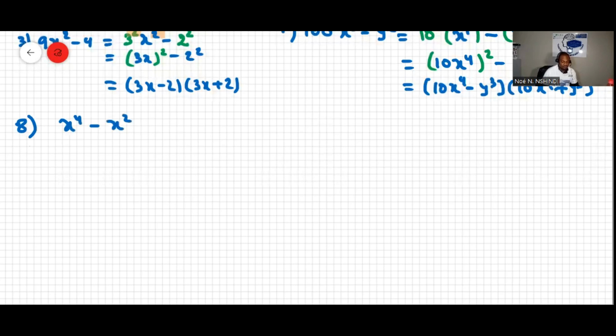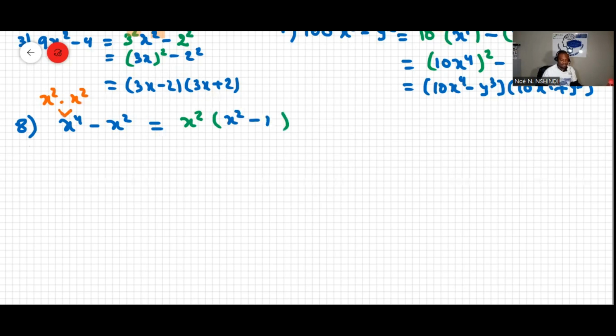Well, one way of solving this is like previously. Remember, when we're doing highest common factor, this one can be x to the 2 times x to the 2. So now we can take one x squared as a common factor, and then this will be x squared minus 1.